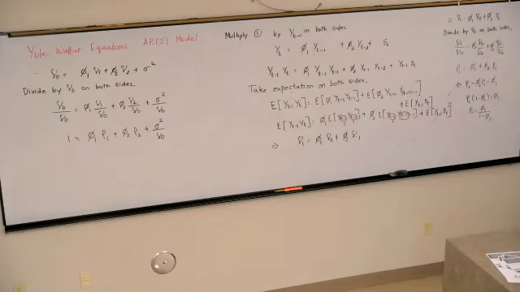So rho 1 would be equal to phi1 divided by 1 minus phi2. That is the formula for rho 1 if we know what phi1 and phi2 are.